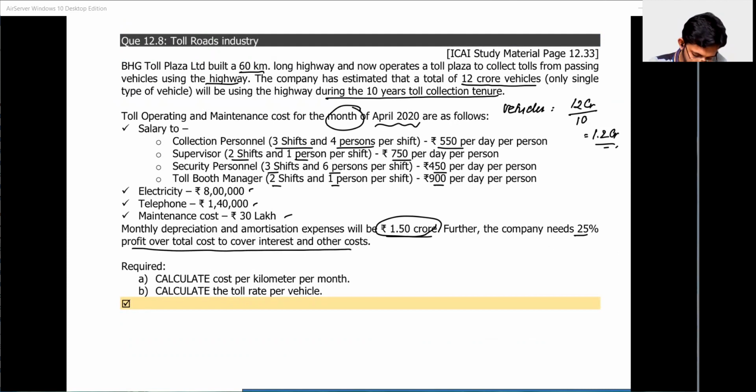What is the requirement to compute? Compute cost per kilometer per month. Then toll rate per vehicle. So cost per kilometer per month: first we have to find out total cost per month divided by total kilometer. That will give you the total cost per kilometer per month. Okay. So let's do the calculation. Right.